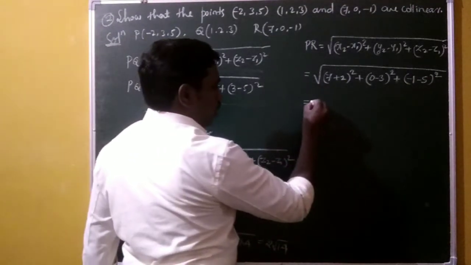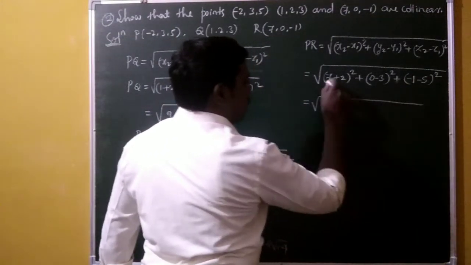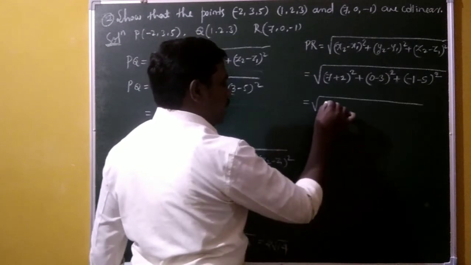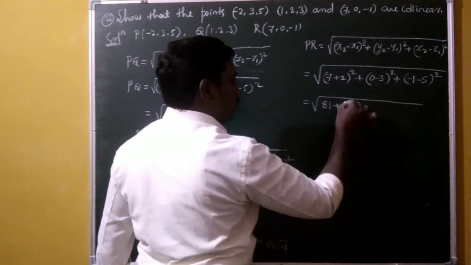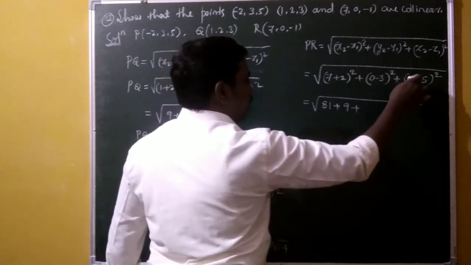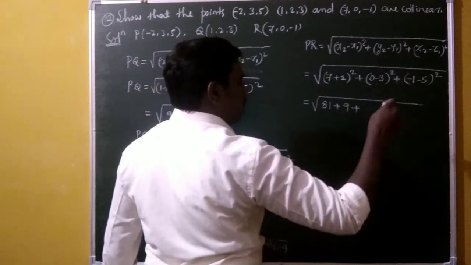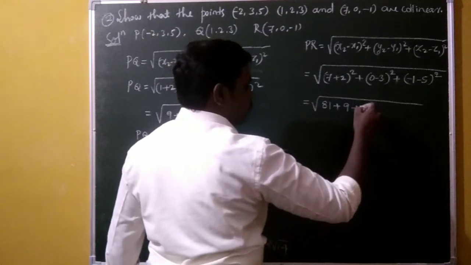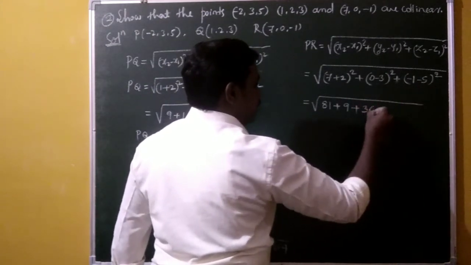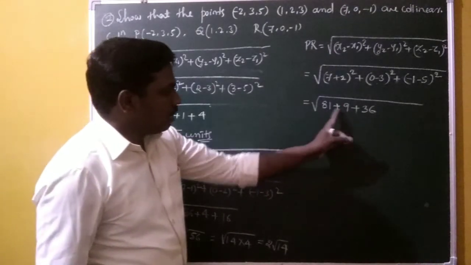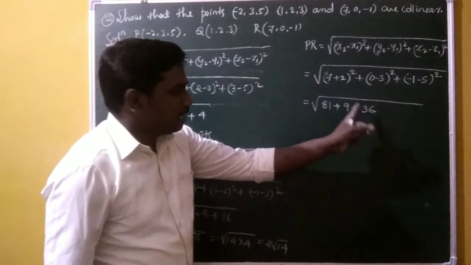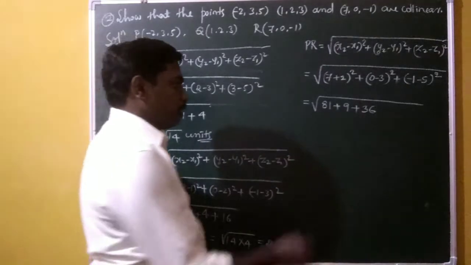Simplify this one. The square root of 7 plus 2, 9, 9 square is 81. Minus 3 whole power 2 is 9. Plus minus 1 minus 5 is minus 6, whole power 2 is 36. So 81 plus 9 is 90, 90 plus 36 is 126.